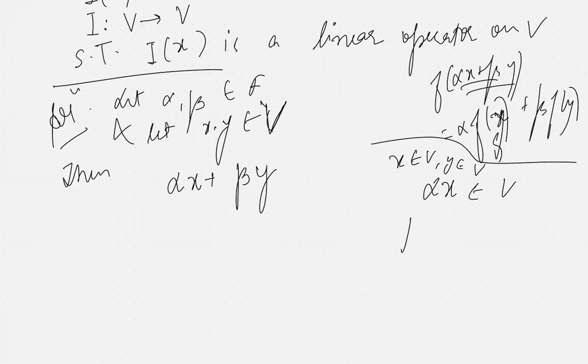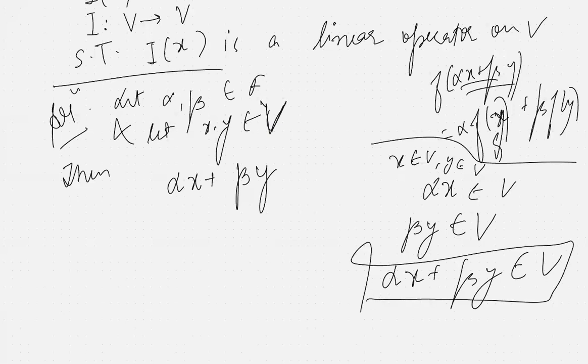And at last, alpha x plus beta y, two elements of vector space V, V being an additive abelian group. So the sum of two elements will also belong to V because of the closure property. So now this is the element that we are considering that belongs to V. The function is actually the identity function over here.